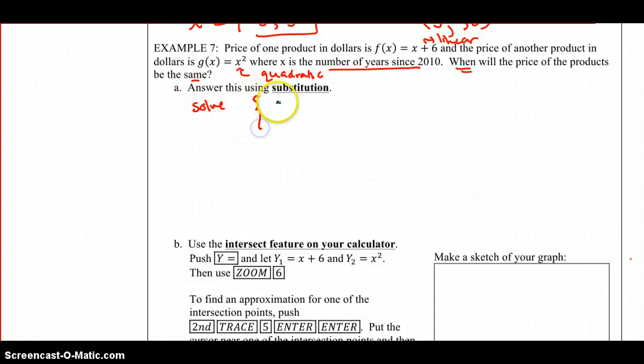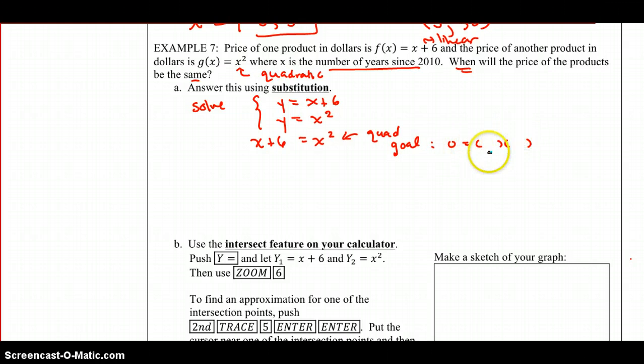If we use y equals x plus 6, y equals x squared, this is set up nicely, since it's already solved for y, to use the substitution method. So we're going to get x plus 6 equals x squared. Again, we should recognize that it's quadratic, and so our goal to get this solved is to get this in the form 0 equals some product of factors.